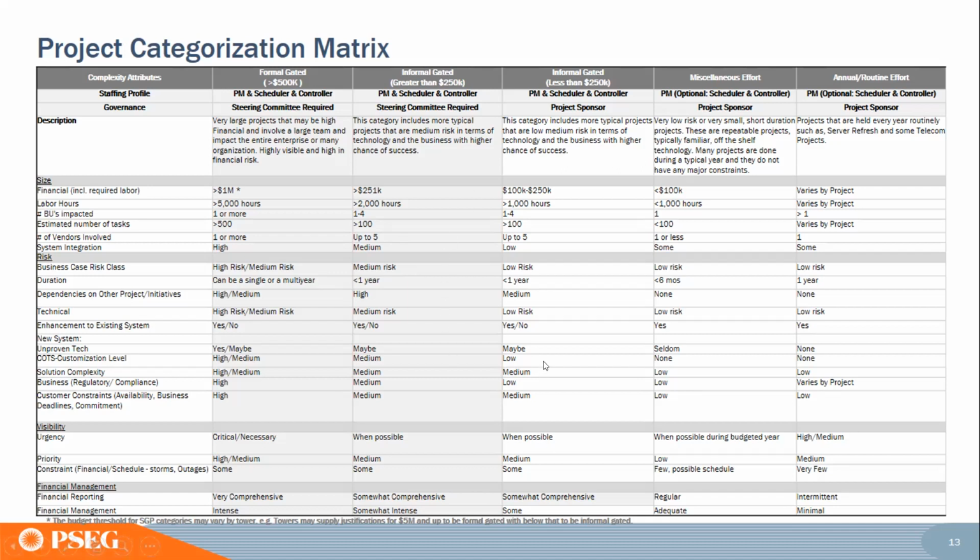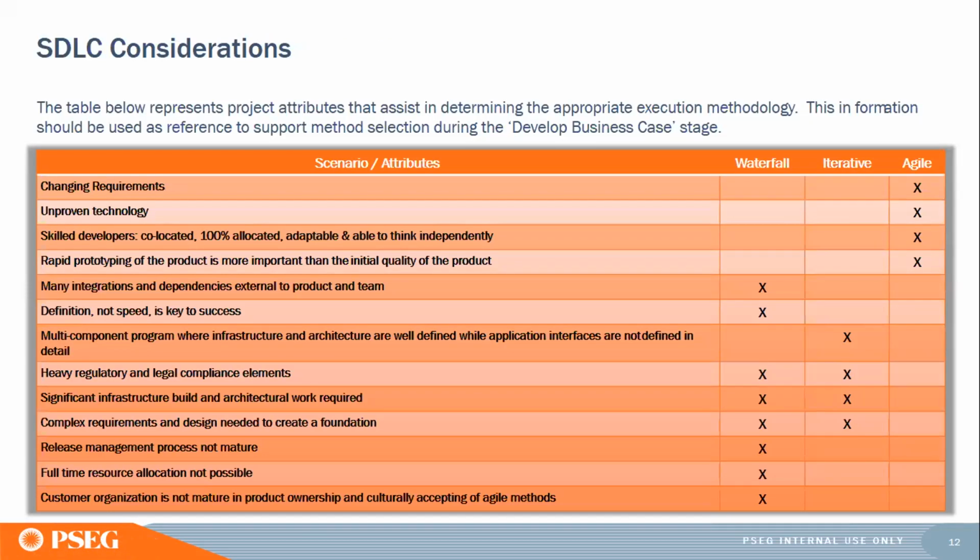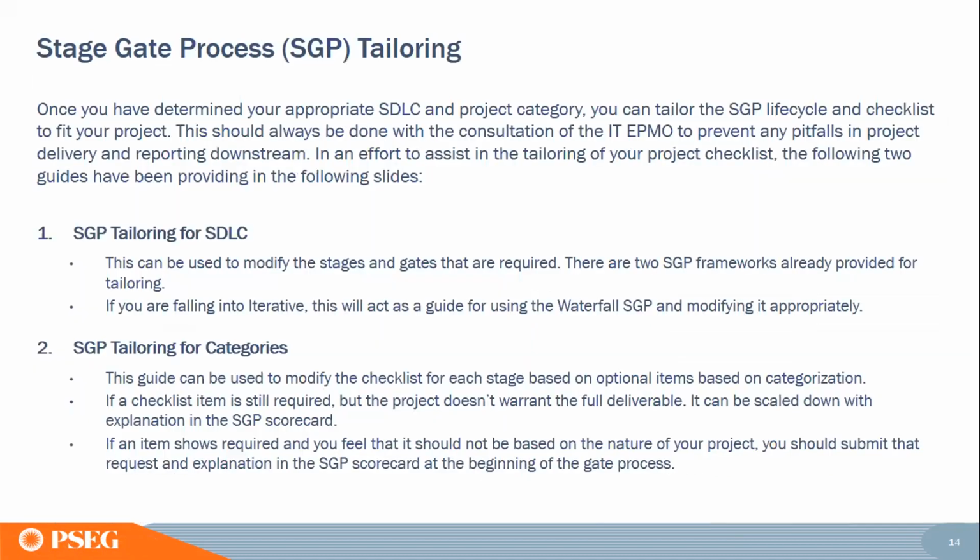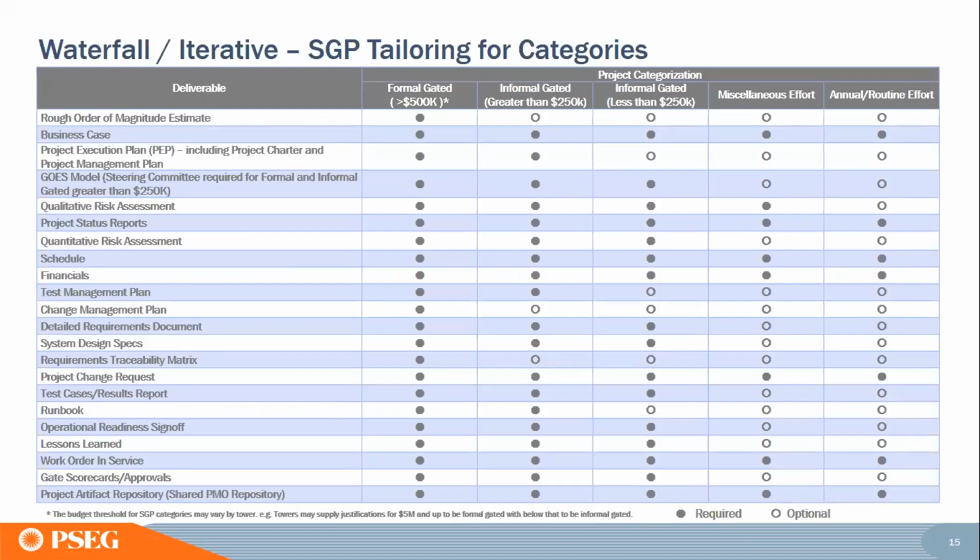The idea behind this formal and informal gate categorization is to identify what is applicable: what deliverables and templates become applicable to your project. As you can see, for a formal gated project, 100% of the deliverables are applicable, no excuse here. As you move from left to right, slowly you see the circles open up.